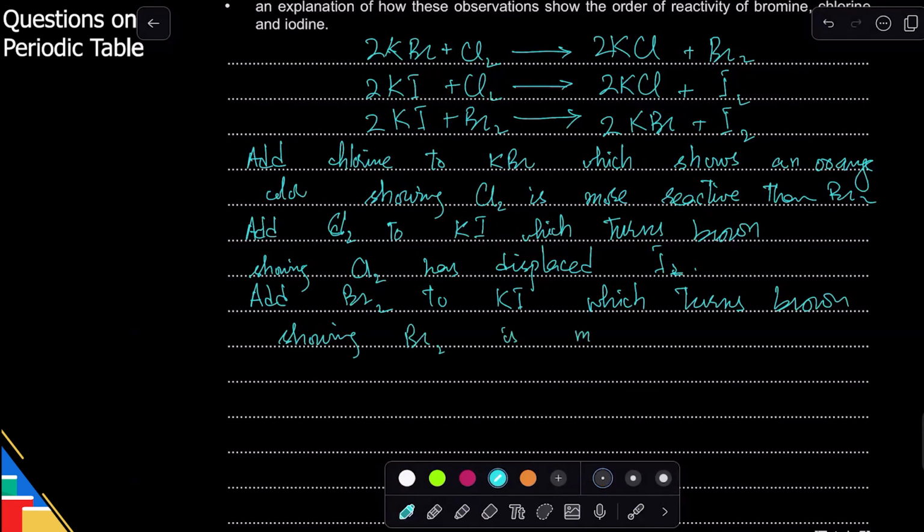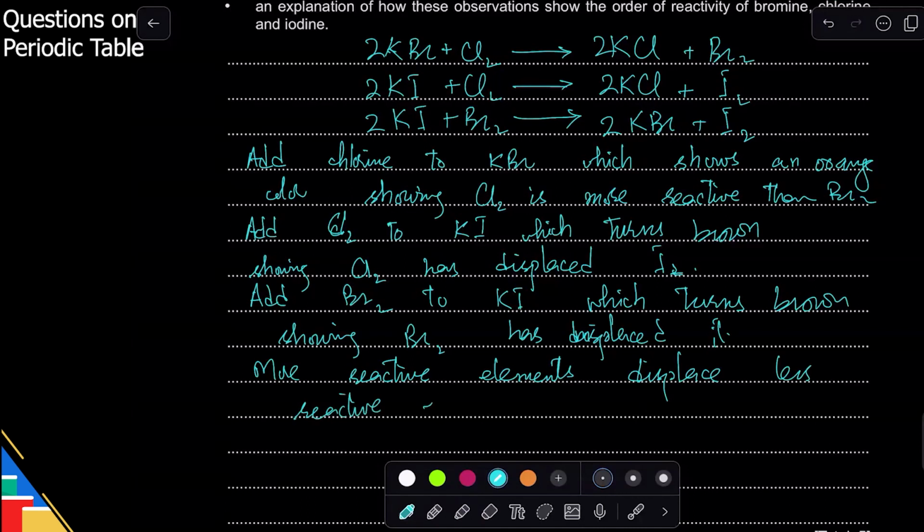Although bromine has displaced it. कुछ भी आप लिख सकते हैं अपने words में. And you can say that more reactive elements displace less reactive elements.